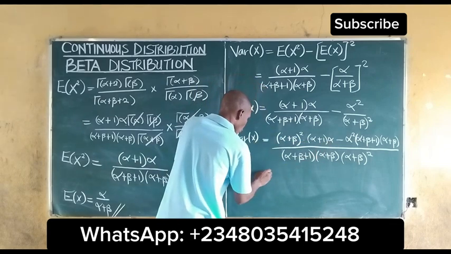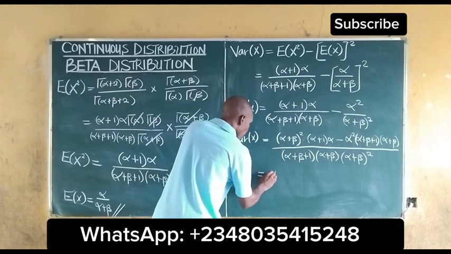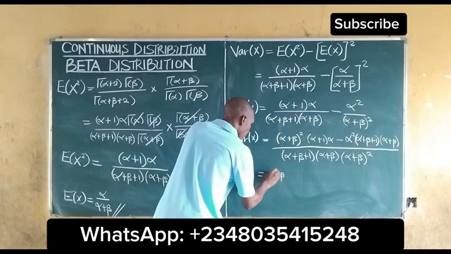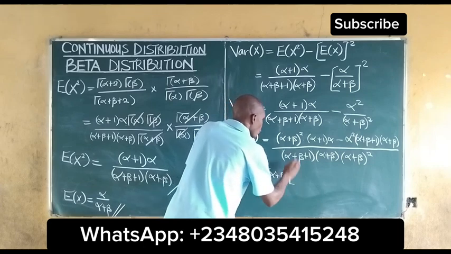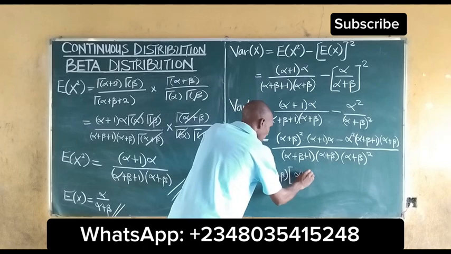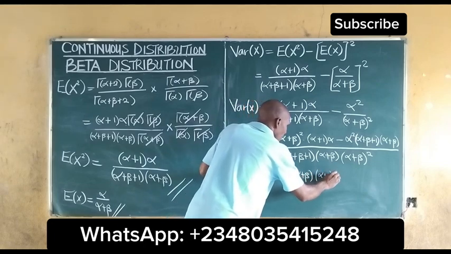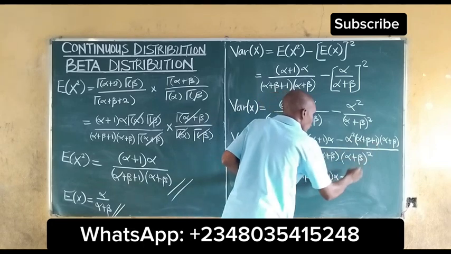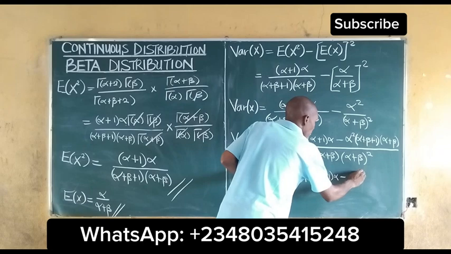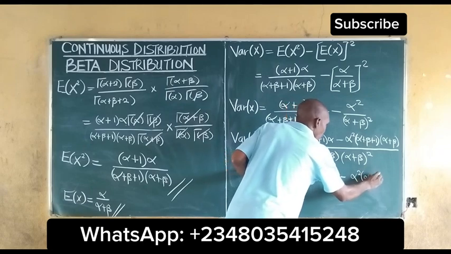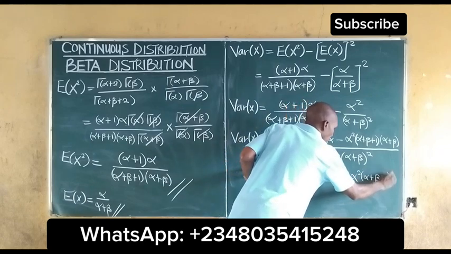The next thing to do is to bring out something that is common. Alpha plus beta is common, so we bring it out. So we have alpha plus beta into alpha plus beta multiplied by alpha plus 1, alpha, minus alpha squared into alpha plus beta plus 1.